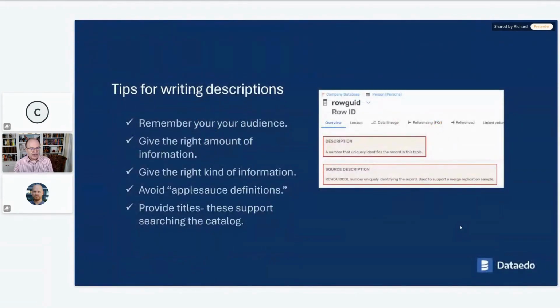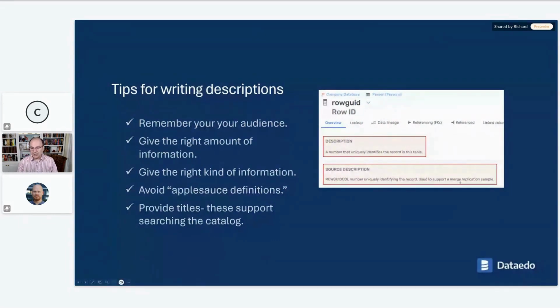All right, so tips for writing good descriptions. As I mentioned, remember your audience. Remember who they are, give them the right amount of information, give them the right kind of information. The example here, if we look at the source description for this row GUID column, you can look at that and see this was written by an engineer for an engineer. And in that context, there's absolutely nothing wrong with that description.